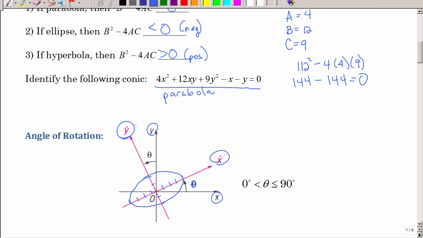I'm going to call that x hat and y hat, a little caret on top of it. We have to derive formulas where we can graph and identify these according to this new coordinate system. Our theta is going to be constrained between 0 and 90 degrees, because if I rotated it 90 degrees, then I'm back to just x and y.